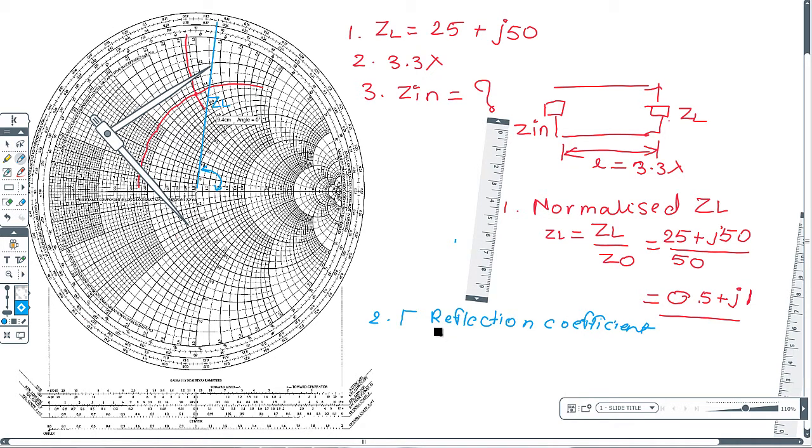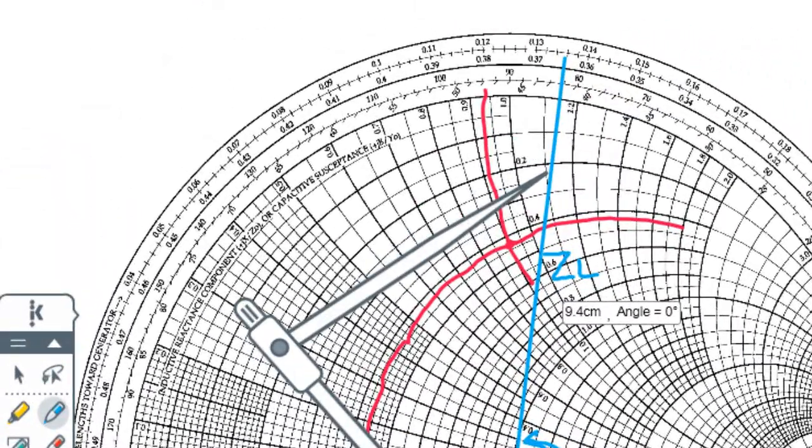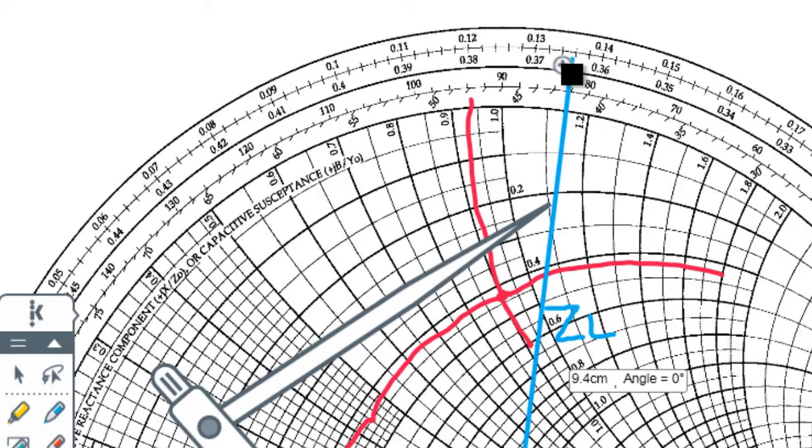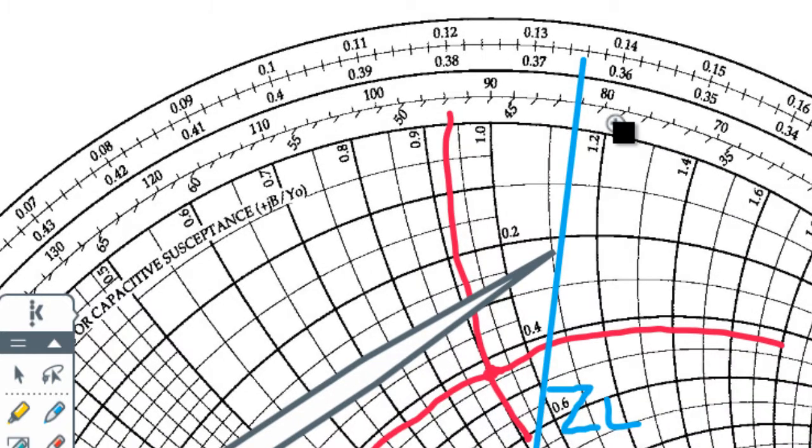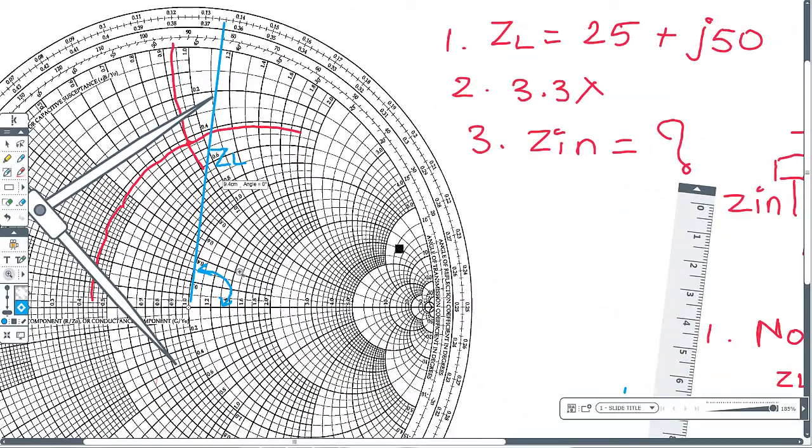So the angle we can calculate from this chart. We can see here, this is 80, 81, 82 or something. It is around 83 degree. So make it a round figure, around 83 degree.